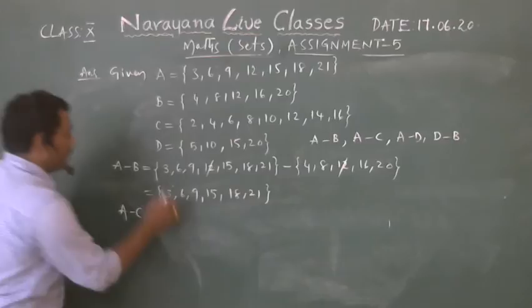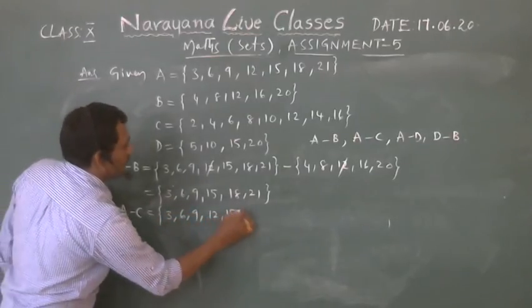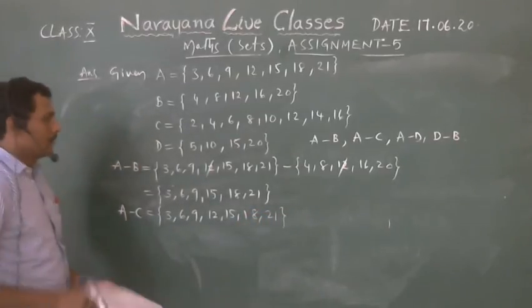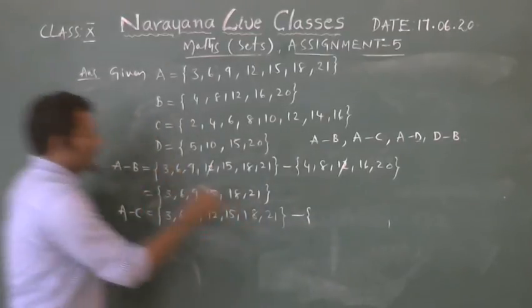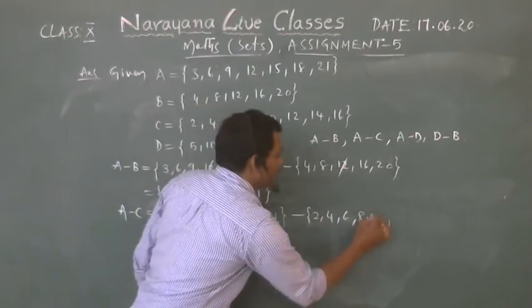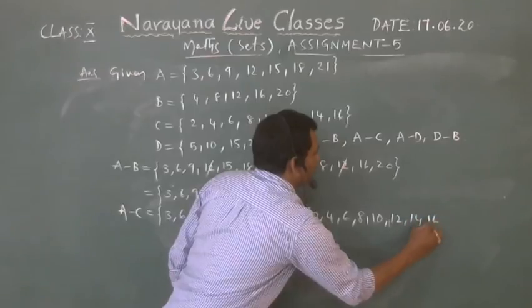So next one, A minus C. Set A value {3, 6, 9, 12, 15, 18, 21} minus here C set {2, 4, 6, 8, 10, 12, 14, 16}.